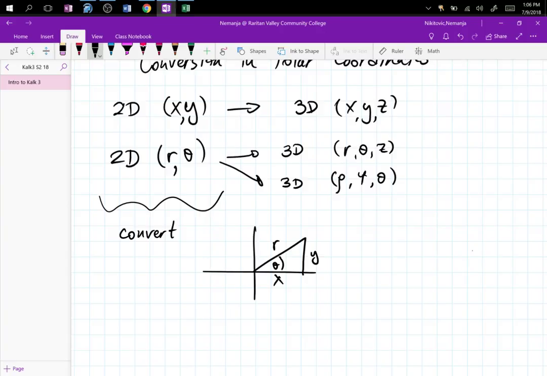Sine theta is opposite over hypotenuse, so that's y over r. From there, you get that y is equal to r sine theta. You can write cosine theta, which is x over r. Well, that's x equals r cosine theta.